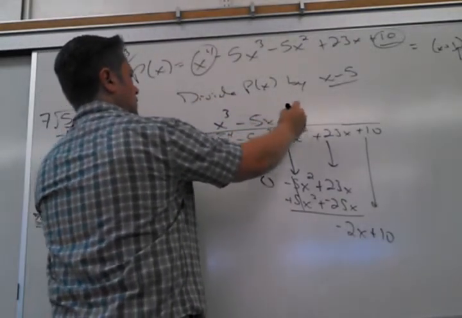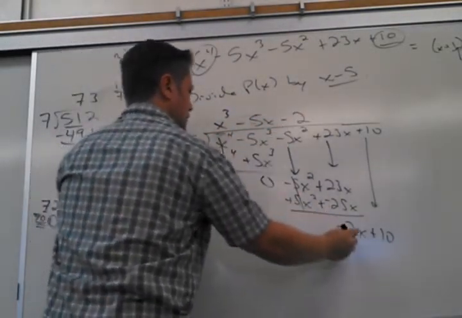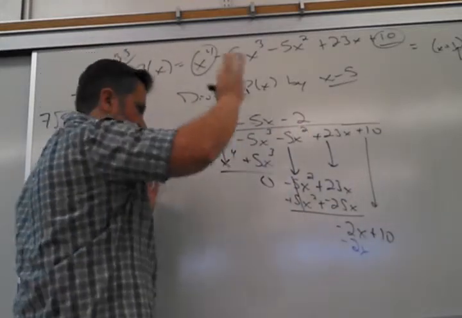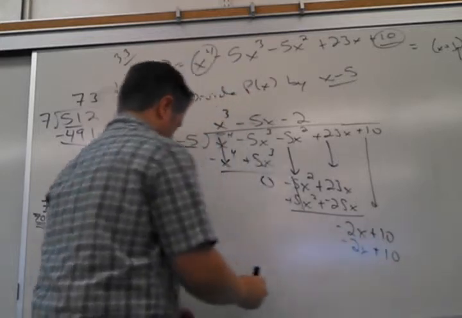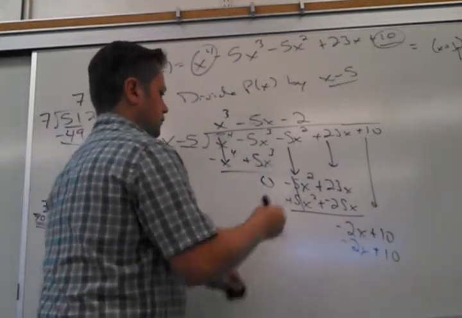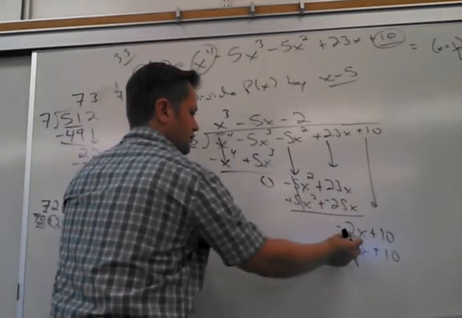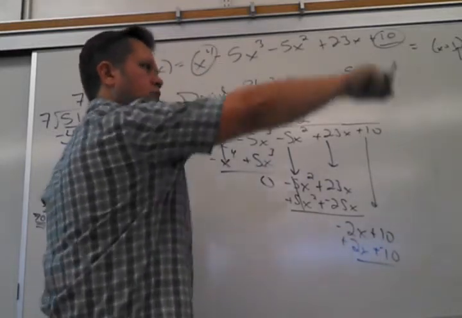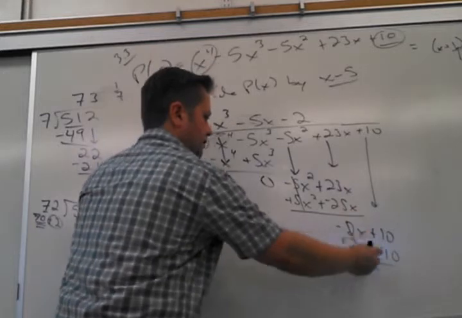Good. So then the x needs a negative 2, so negative 2x. Negative 2 times negative 5 is? Drop it like a microphone. And then change the sign. Bam, bam.